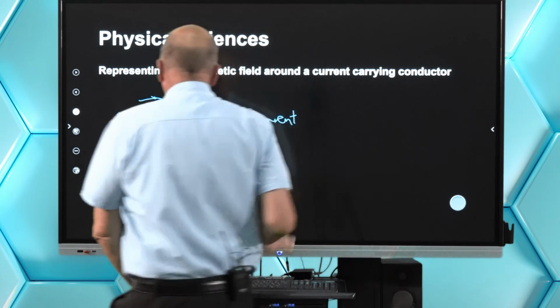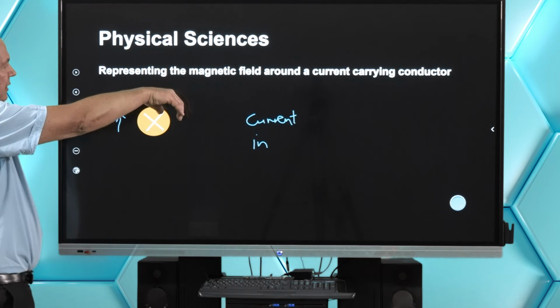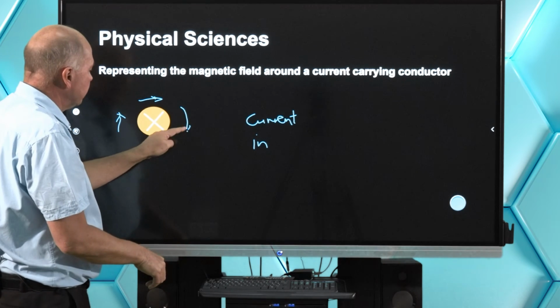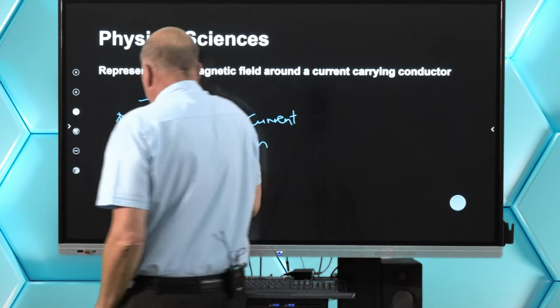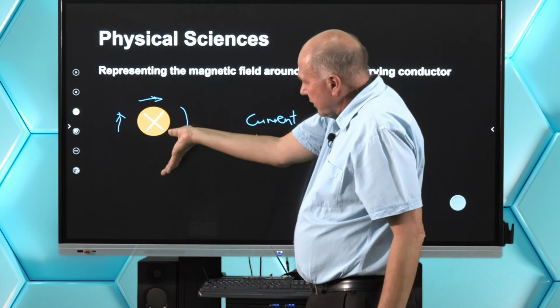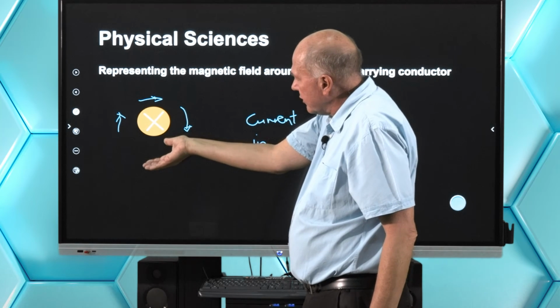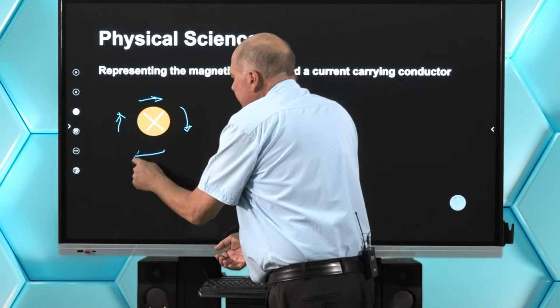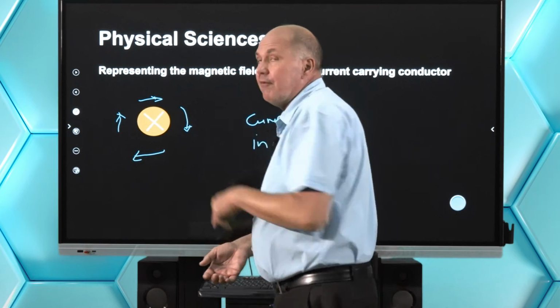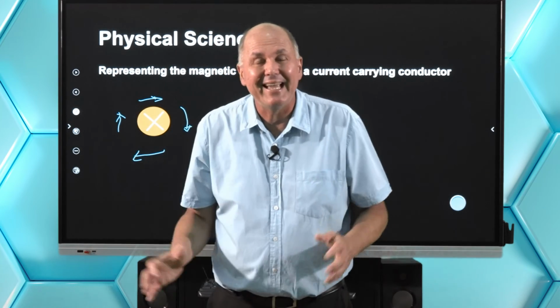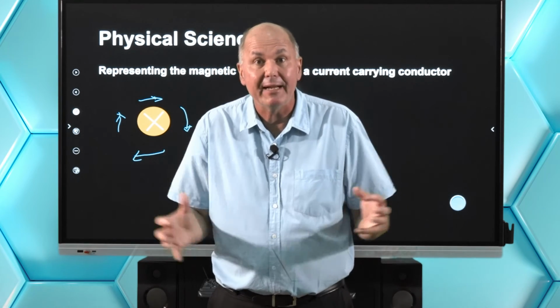If I change my direction and move to this side, they'd be going down. And over here, if I do it from the bottom, and I move my hand, you can see the curl of the fingers are going round in that direction. And so I've put little arrows to indicate the direction of the magnetic field.